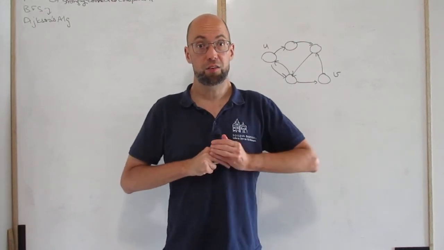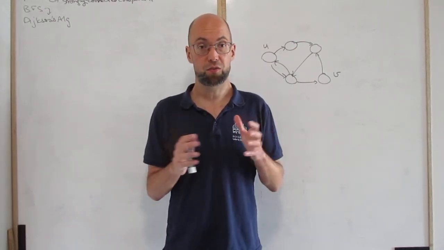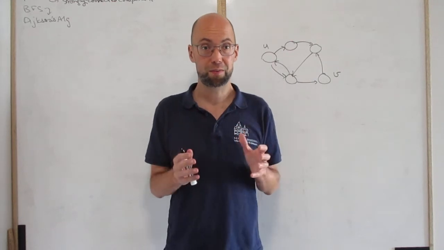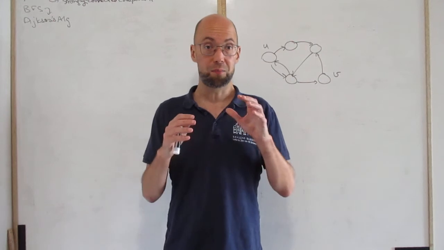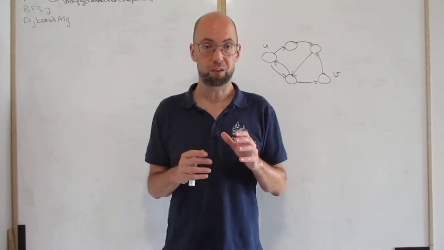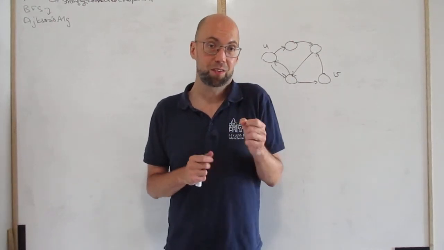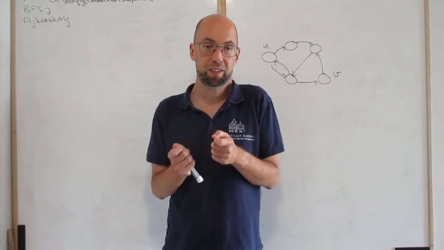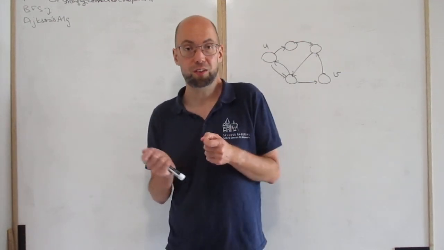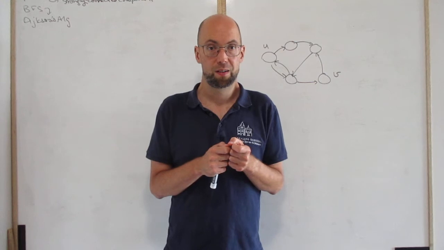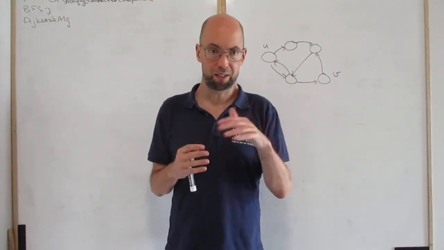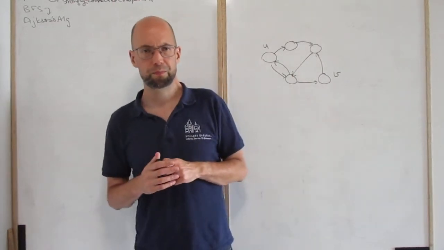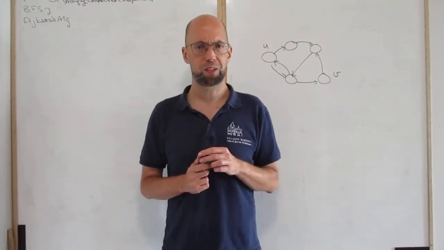A strongly connected component of the graph is a maximal subset of the vertices, such that for any vertices U and V in that subset, you can get from U to V and you can get from V to U. So it's maximal, it means this isn't going to work if you add any more vertices. Is it clear what a strongly connected component is?